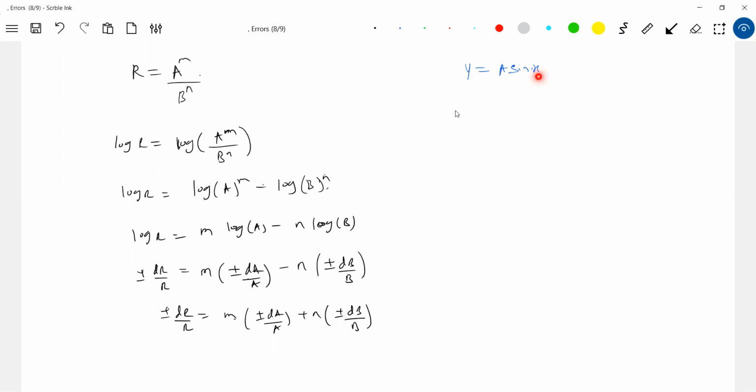So how will that error get reflected in y, and a is a constant for the time being. There's no error in a. So I'll differentiate this. dy is equal to a cos x dx. Now I'm interested in the random error in y. I'll divide these two. dy by y is equal to a cos x dx by a sin x.